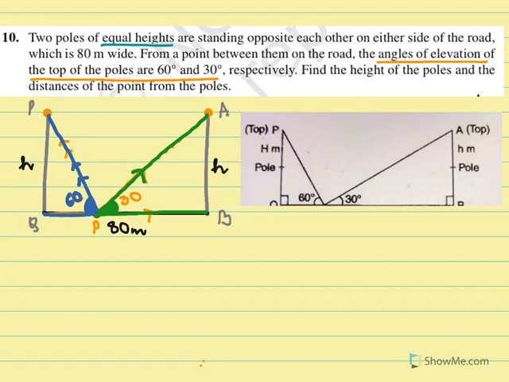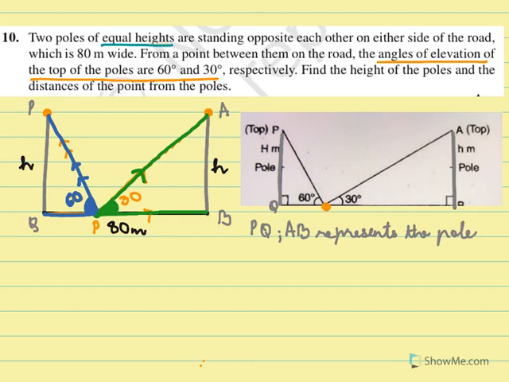So here's the diagram again. The two poles, one is PQ and then we have AB. PQ and AB represent the poles. Then we have the point of observation.